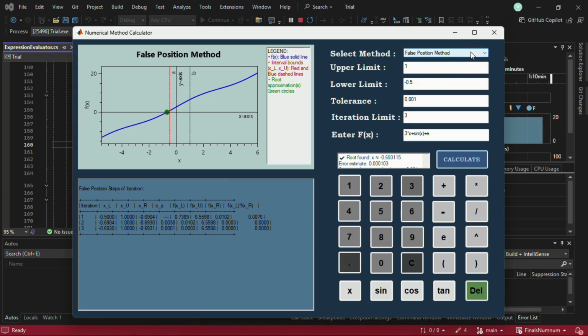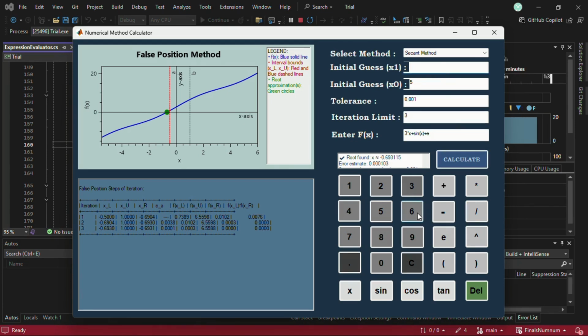Now let's move on to the secant method. In the secant method, we have the initial guess of x0 and the initial guess of x1.